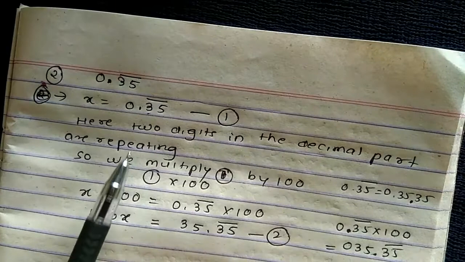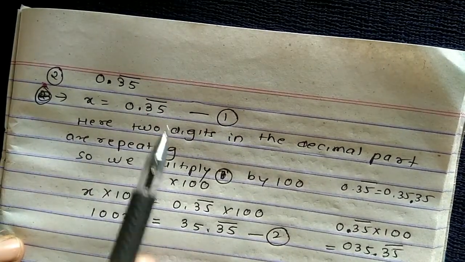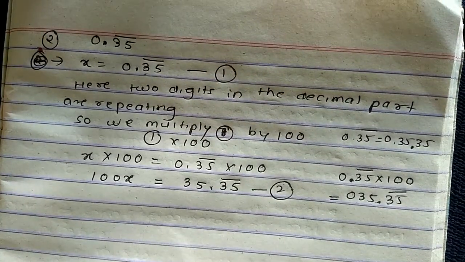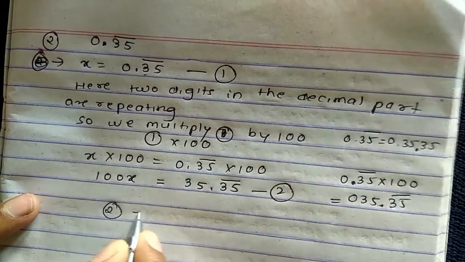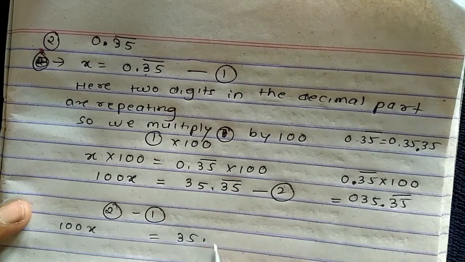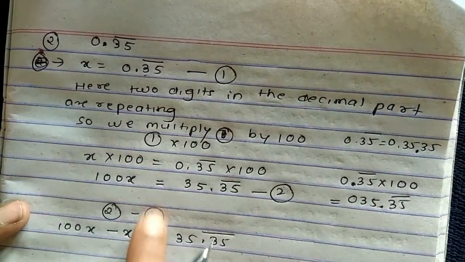We will name this as 2, and then we will subtract. This part after the decimal and this part after the decimal will get subtracted, and you will not get any repeating decimals here. So 2 minus 1: 100x equals 35.35 bar, minus x on the left side and 0.35 bar on the right side.